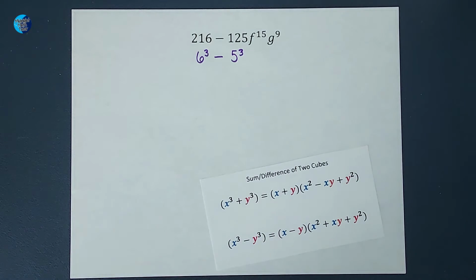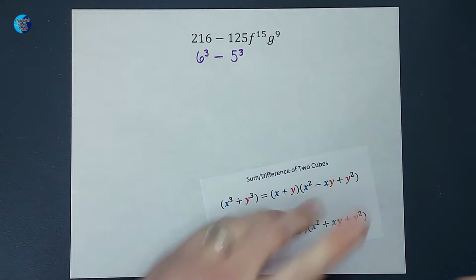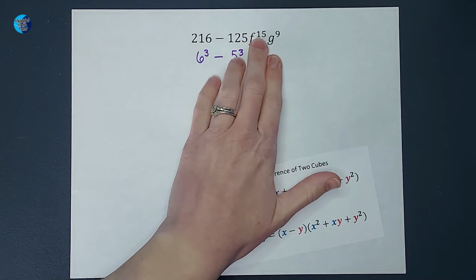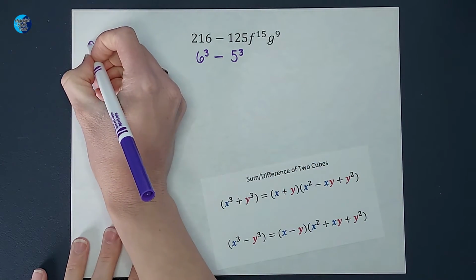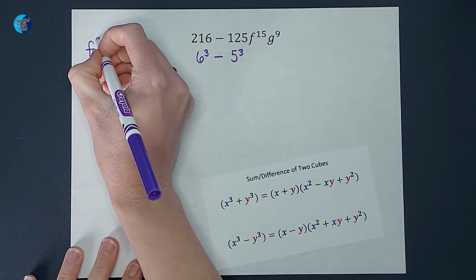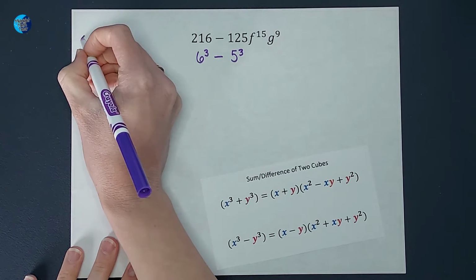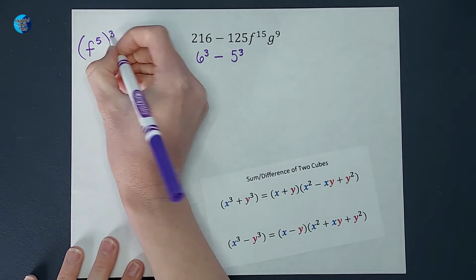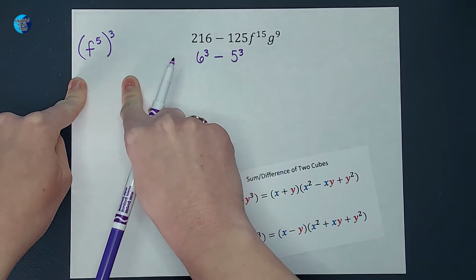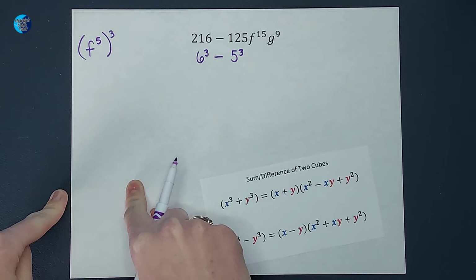If you need a quick exponent review, I'll link one in the corner, but I'm going to go over it a little here too. So whenever I have an exponent raised to another exponent, so for example, if I have f to the 5th, cubed, that would be f times itself 5 times, 3 times, right?